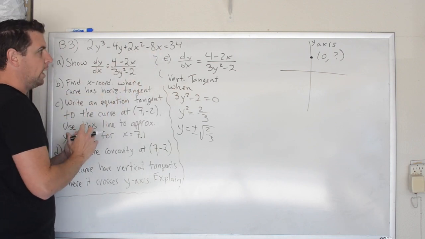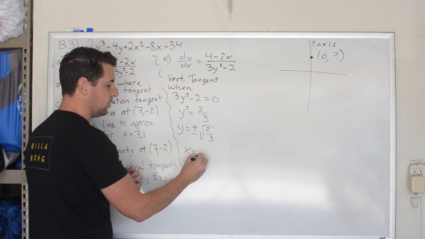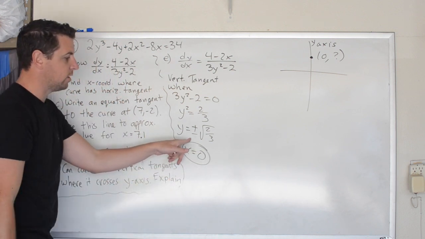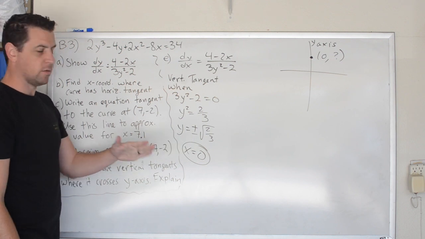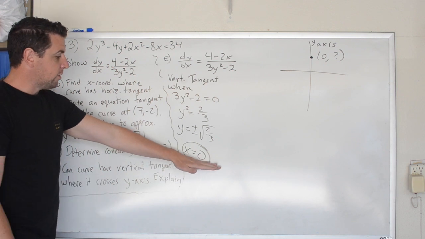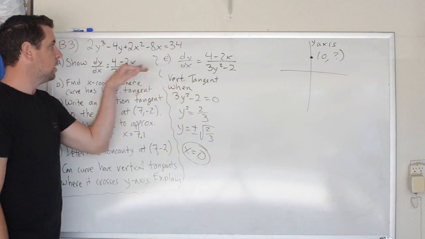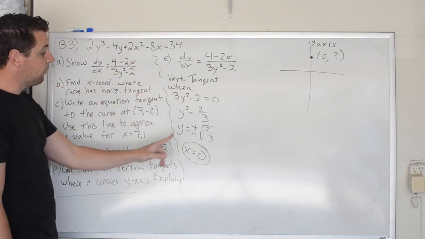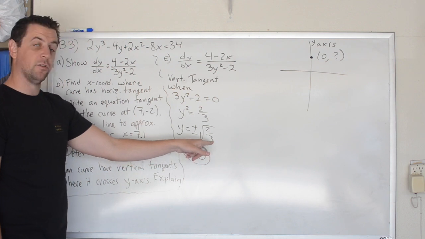So when we do that, we have x equal to 0 and y equal to this. What we're going to do is put both of these points into this original curve. We'll start with positive radical 2 over 3.